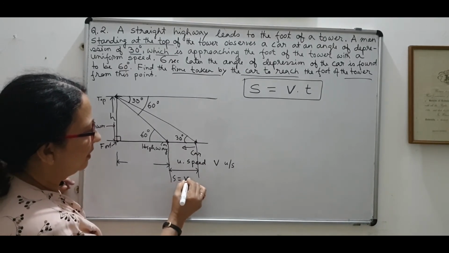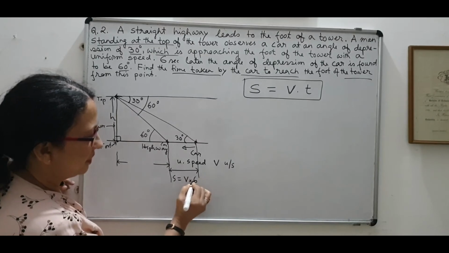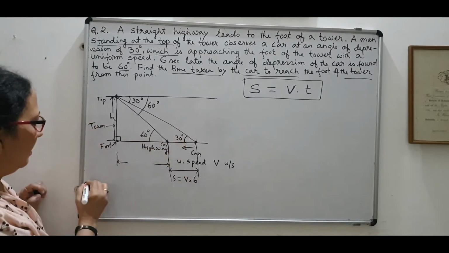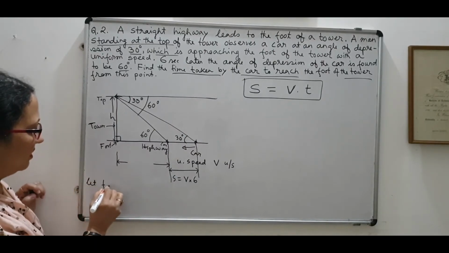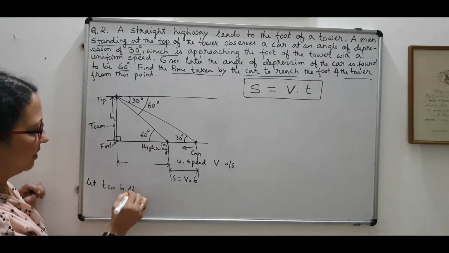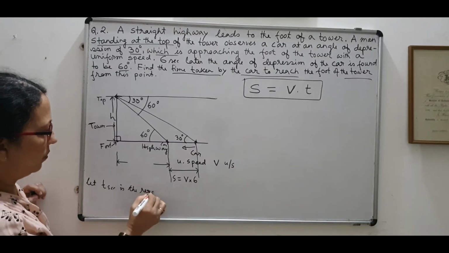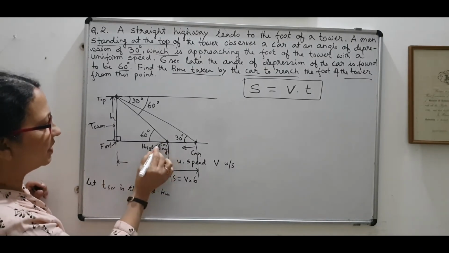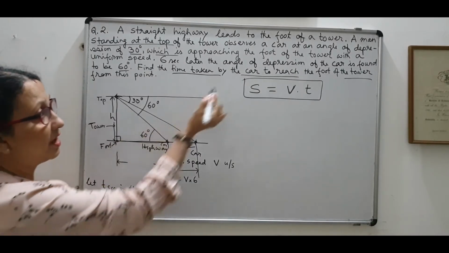Speed is v and time is 6. So 6v is this distance, and let t second be the required time. That is, in moving this distance, t second is required, which you are asked to find.